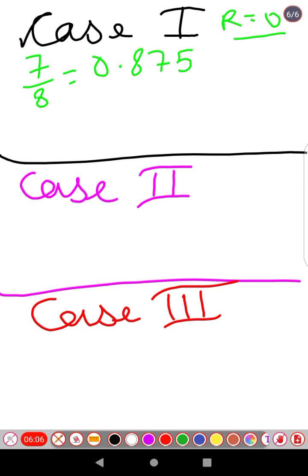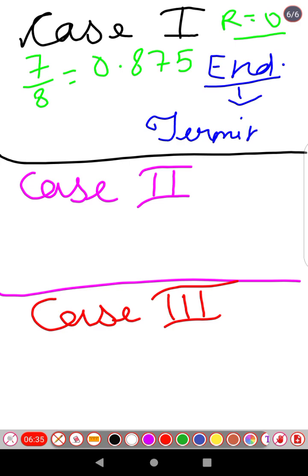Other examples are 1 by 2, or let's take a big number, 639 by 250. In all these cases, the decimal expansion terminates or ends after a finite number of steps. We call the decimal expansion of such numbers terminating. So if the decimal is getting end, we call it terminating decimal, means it stops.